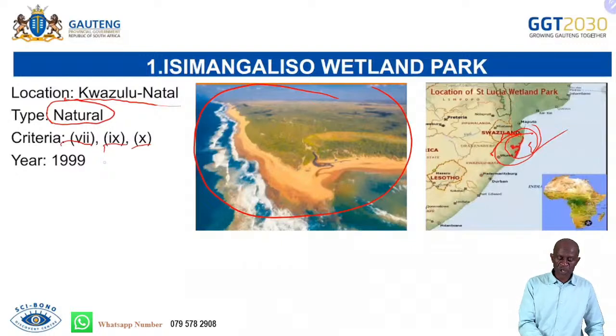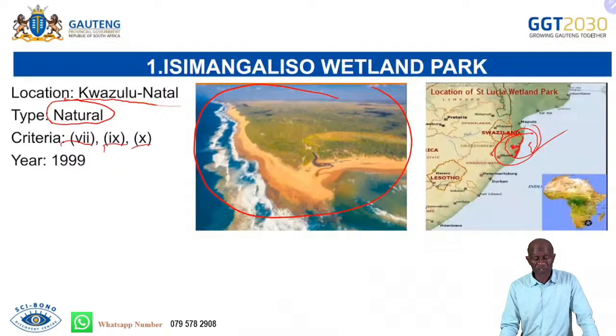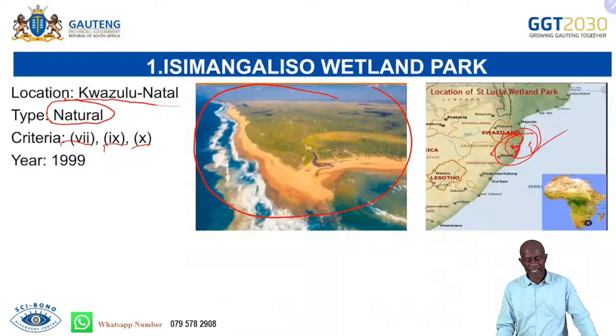But no one is going to mark you wrong for writing the numbers of the criteria, because it's taken for granted that we know them. But for you to better understand the World Heritage Site in question, it's proper that you know the criteria or criterion that was involved.